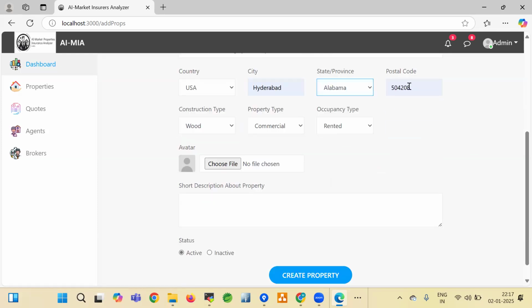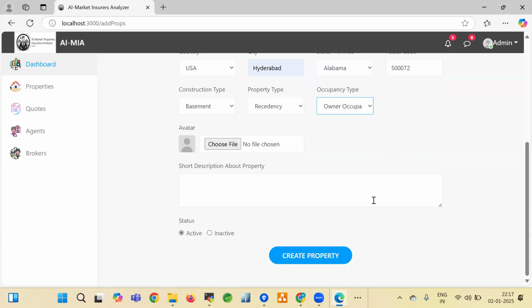I'm just choosing randomly and giving dummy data. The pin code is 5 lakhs 72. Construction is basement type, the property is a residence property, and occupancy is owner occupancy. I'm the owner, I want the coverage for this one.